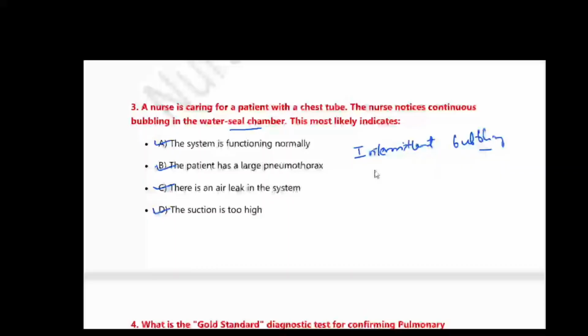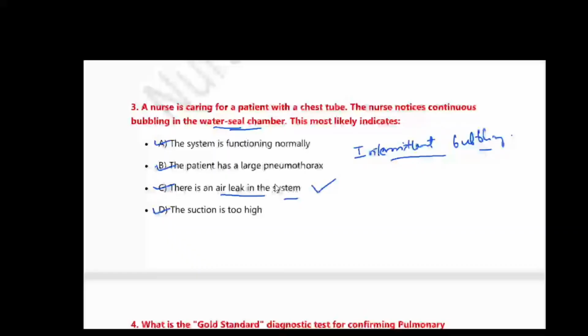But if there is presence of continuous bubbling in the water seal chamber, it indicates there is air leak in the system. If there is air leak in the system, there will be continuous bubbles in the water seal. If there is intermittent bubbling, no need to worry. The tube is in correct position. There is no leak in the system. Hence, the correct answer is air leak in the system. If there is air leak, there will be continuous bubbling in the water seal chamber.